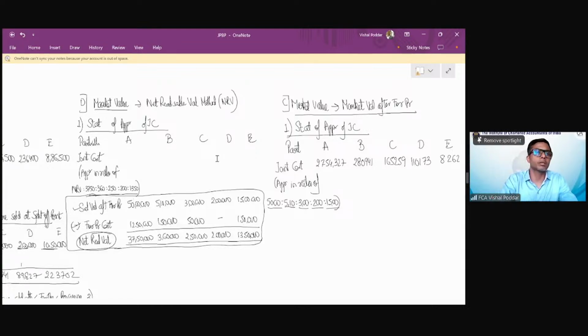By this formula, the difference that you get is what is NRV. And now, applying this ratio, you will get your answer. Chalo. Do the working. Give me the apportioned joint cost by this ratio, and then the other workings of profits as well.